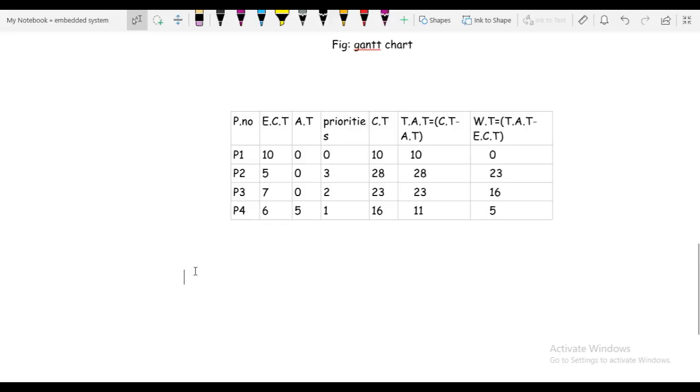Okay, now what is the average turnaround time? Average turnaround time is the sum of the turnaround times by the number of processes.